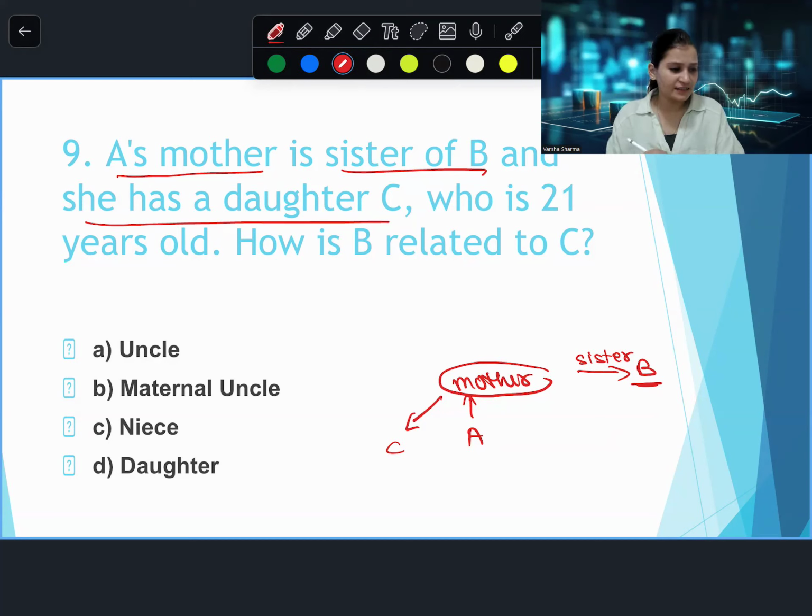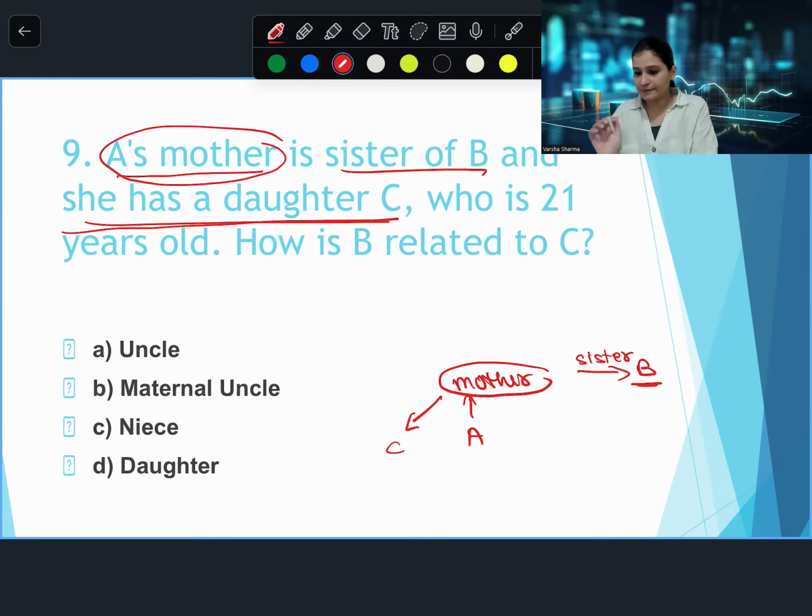So if I would have written "whose", that means I'm representing B, the second person. But if I'm writing "and", I'm representing the first person. So A's mother has a daughter C. Clear?